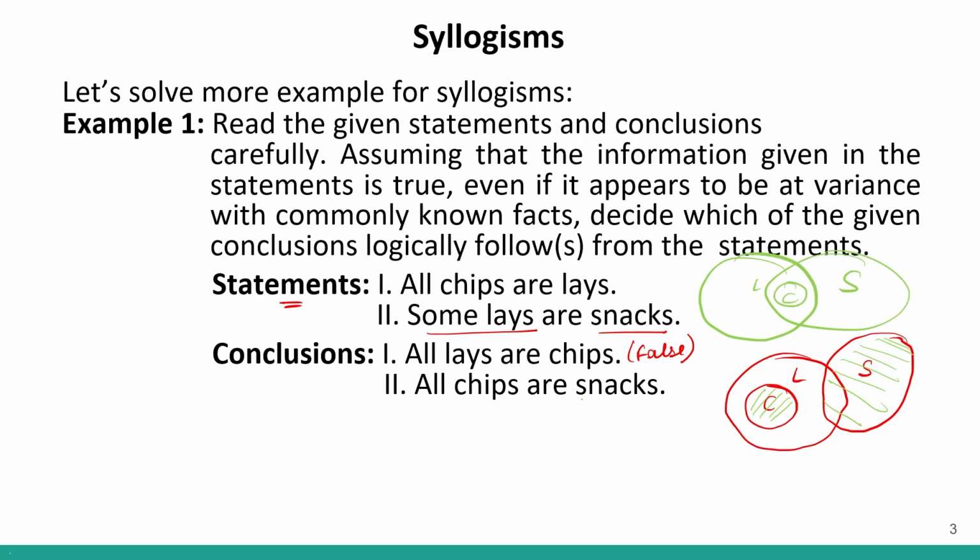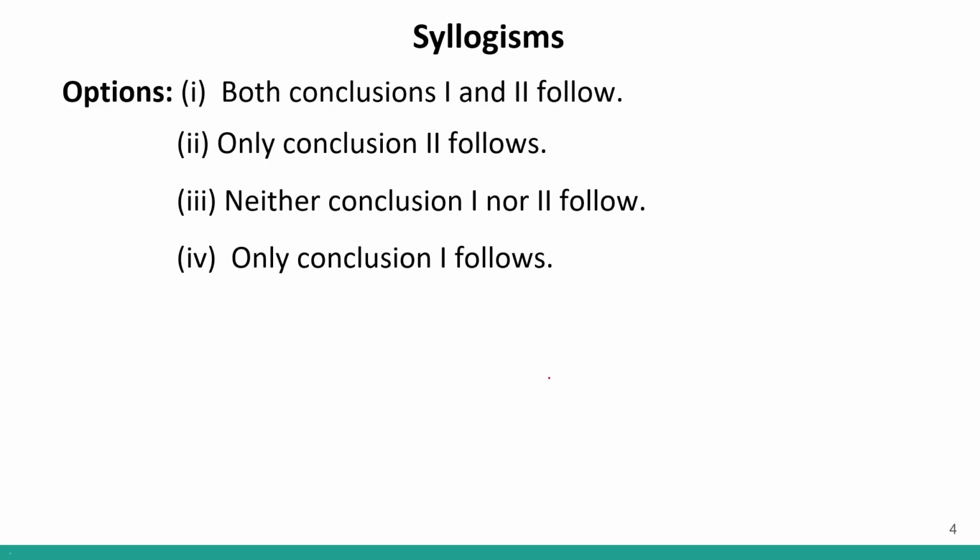We can have a diagram like this, but this is a possibility, and whenever we talk about possibility, it may or may not be true. Therefore, we consider them to be false. So both conclusions 1 and 2 are false. If I look at the options, option number 3 says neither conclusion 1 nor 2 follows. So this will be my answer, because both the conclusions are false.